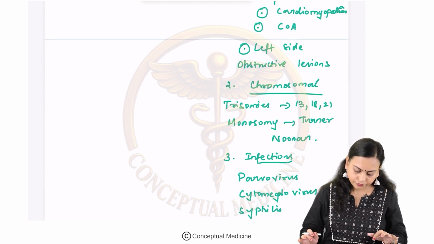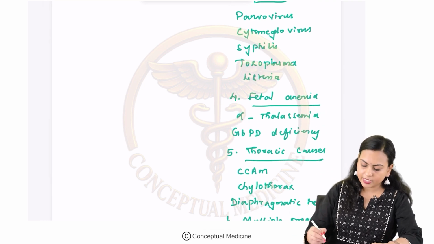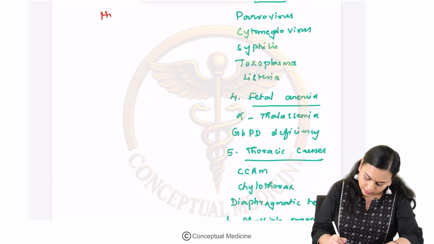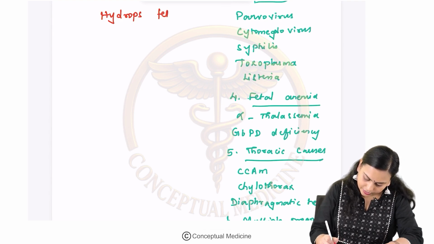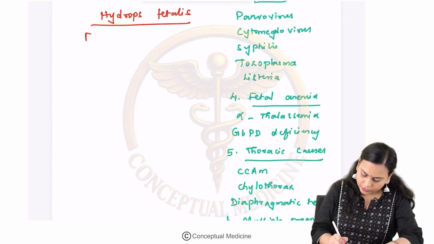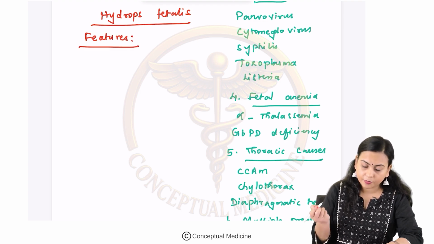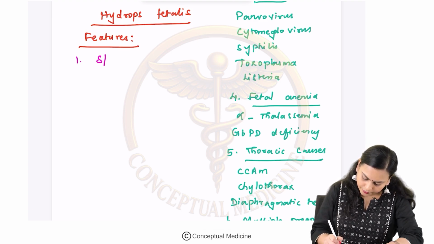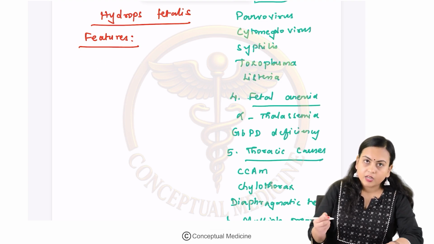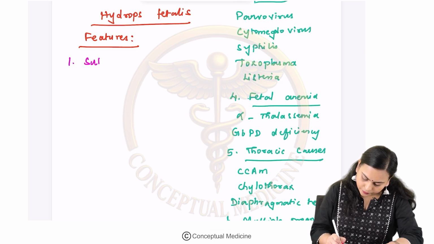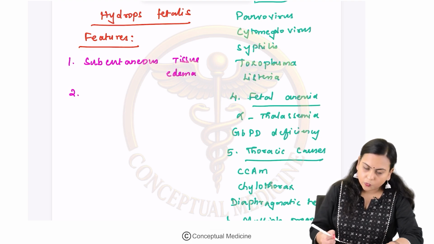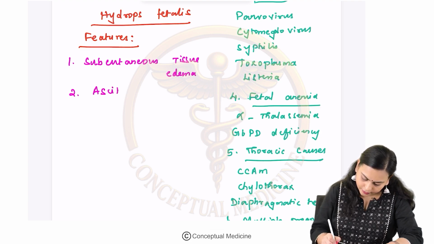Now, as we have already seen, what are the features of Hydrops fetalis? Number 1, subcutaneous tissue edema. Number 2, ascites can be there.